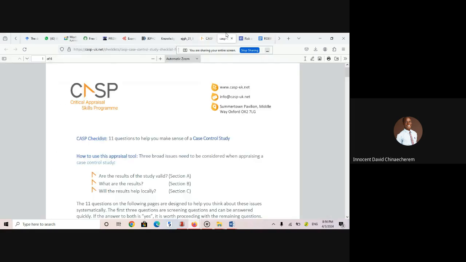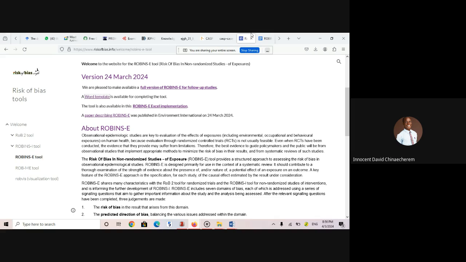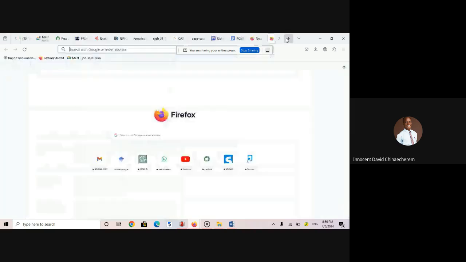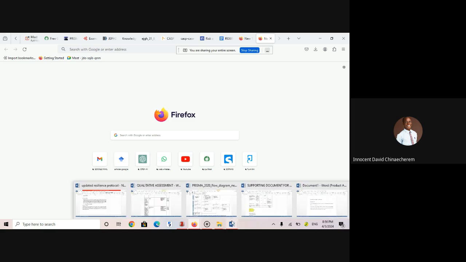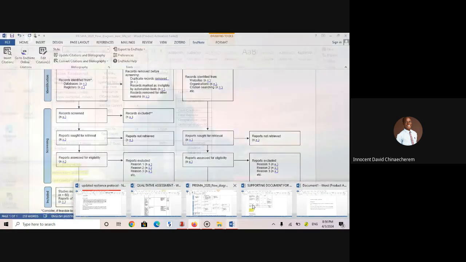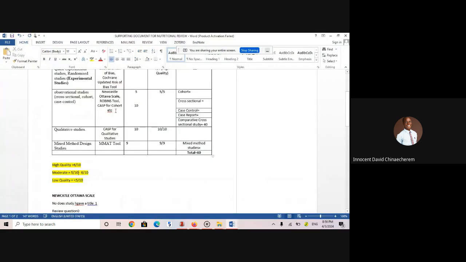All right, so these are all the checklists that could be used to screen for the study. If we've got a qualitative study, we can check out CASP for qualitative studies; for a mixed method study, we have the MMAT and all that.